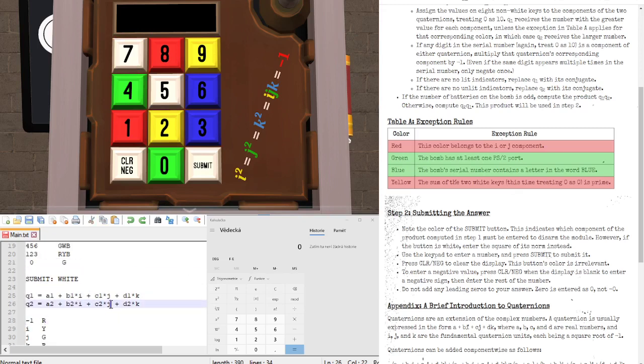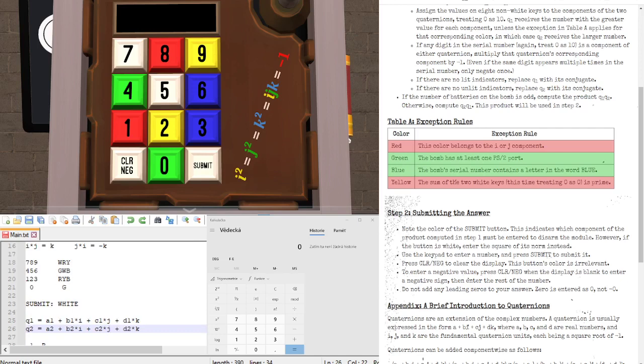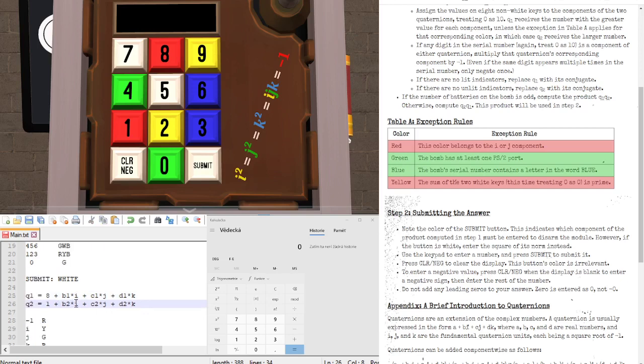Red condition is false. So we take 8 and 1, and 8 is the coefficient of the Q in the Q1, and 1 is the coefficient in the Q2, and it's the coefficient of the real part, so we use it like this. Now for B1 and B2, that's the coefficient of the i part of the quaternion, and we have a yellow color connected to that.